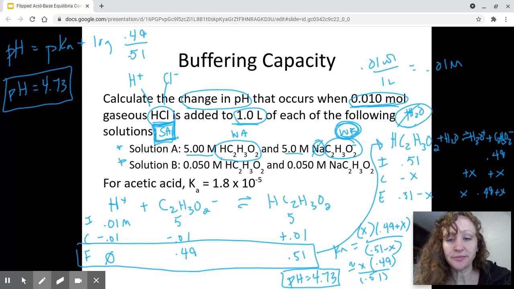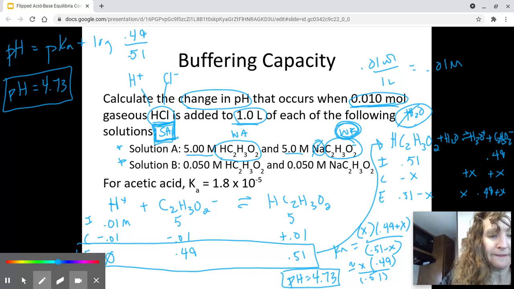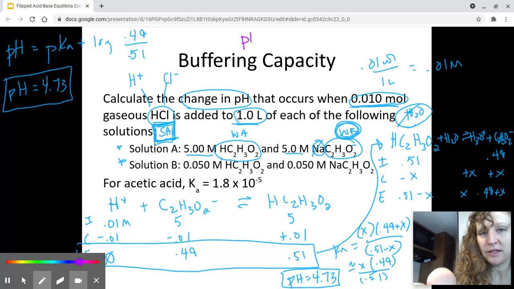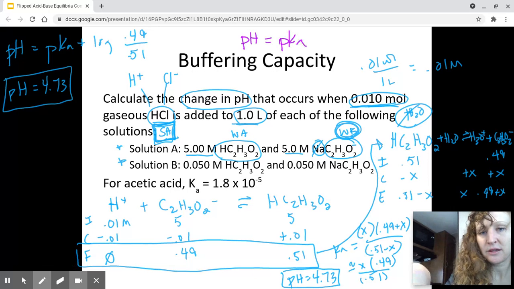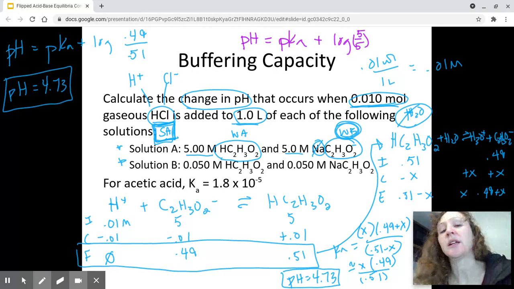Okay, so how has the pH changed when that HCl was added? Well, we never actually calculated the initial amount. The initial pH could be calculated using Henderson-Hasselbalch.